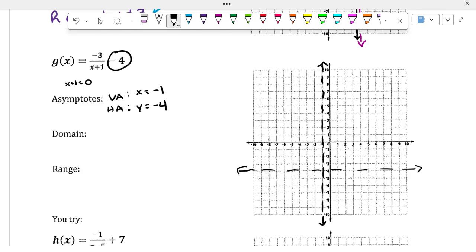Let's go ahead and get our domain and range. What's my domain? Remember, it's based off your asymptote. So what's your domain? Someone who has not talked yet today. What's the domain? What have we been saying the domain is for rational functions?